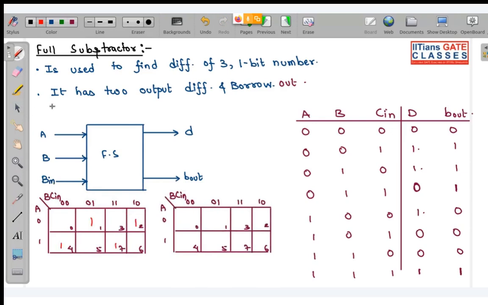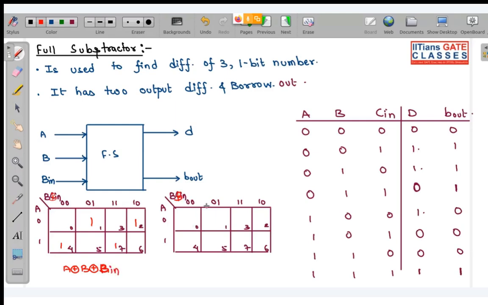So this is K map for A XOR B XOR B in. Sorry, I have written C in over here. So this should be B in. Okay, B in, not C in, B in. So A XOR B XOR B in.